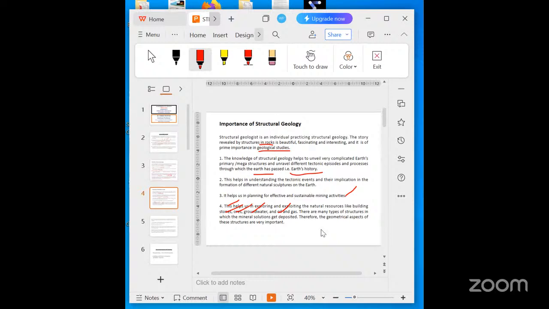There are many types of structures in which the mineral solutions get deposited. Therefore, the geometrical aspects of these structures are very, very important, right?